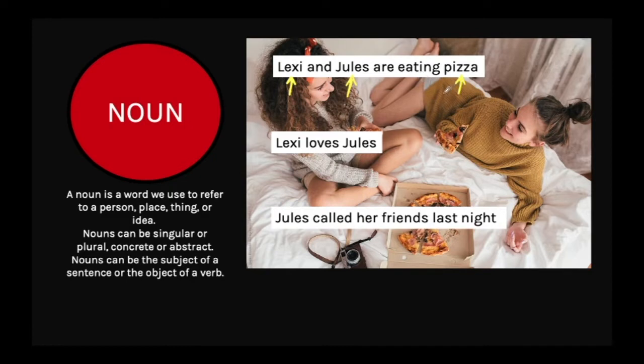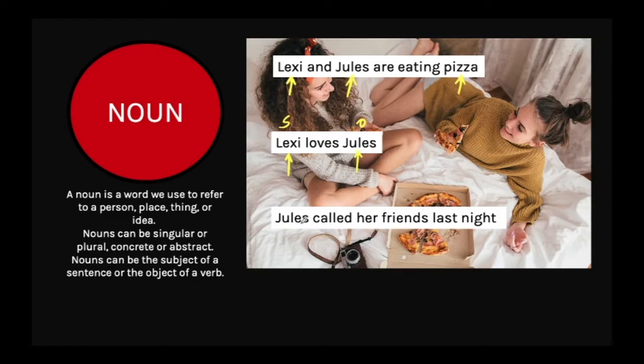What are Lexi and Jules eating? They are eating pizza. In the second sentence, Lexi loves Jules, Lexi is a noun and Jules is another noun. Lexi is the subject of the sentence and Jules is the object of the verb. Who does Lexi love? Lexi loves Jules.